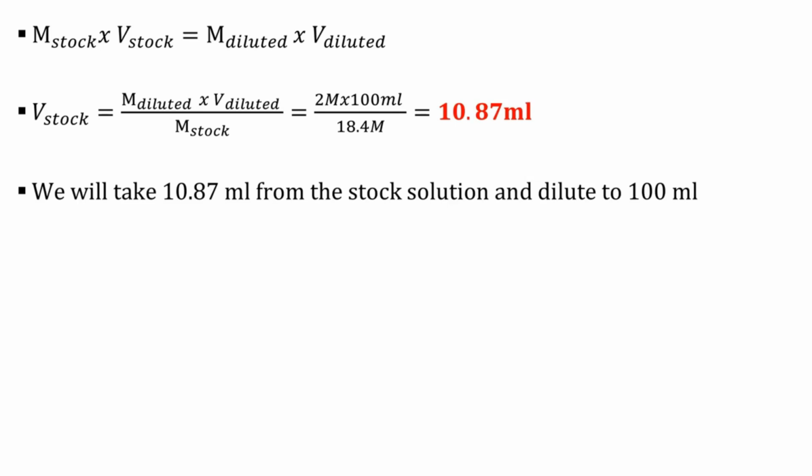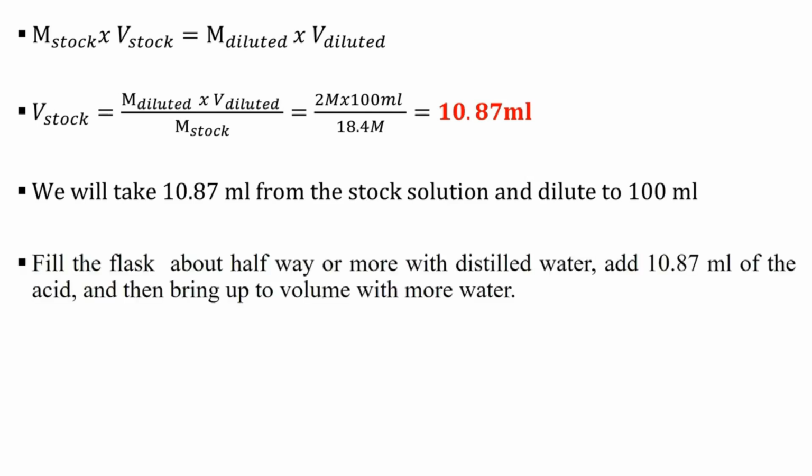And again, remember, we need to be accurate. We have 10.87, which means we have 10 milliliters. We can measure 10 milliliters using a pipette. But for measuring 0.87 milliliter, it becomes difficult. That's when we need a micropipette. A micropipette will help you to measure 0.87 milliliter, which means you will set the micropipette to 870 microliters.